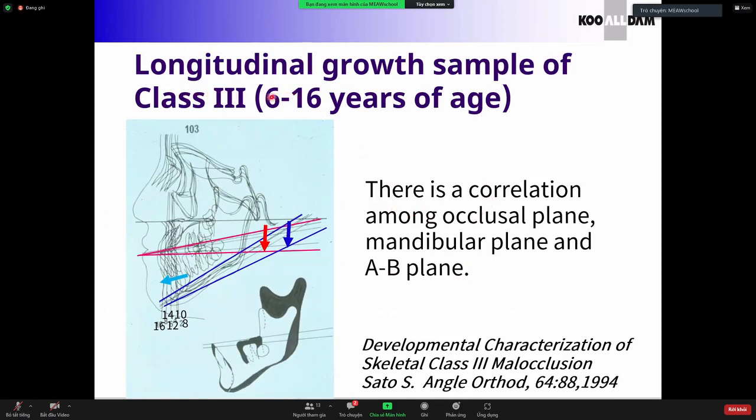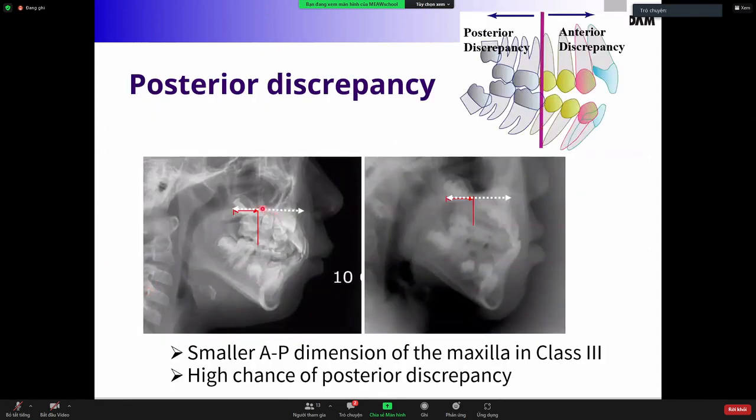This is a longitudinal growth sample of class 3 with extrusion of the upper molar and a flat mandibular plane. As a result, you can see the prognathic chin. Regarding discrepancy, we should divide this.